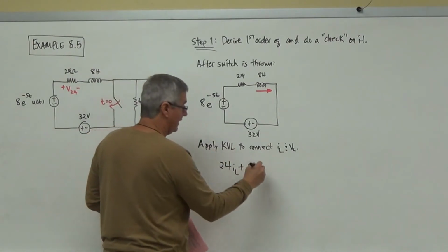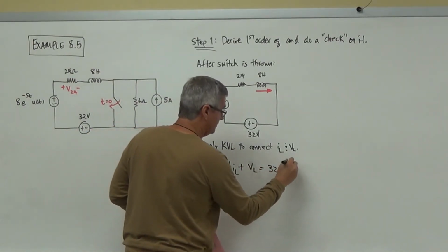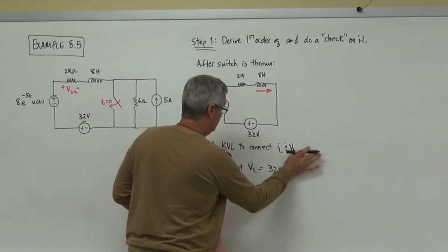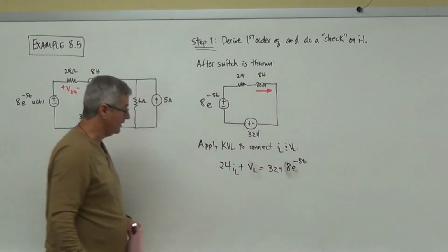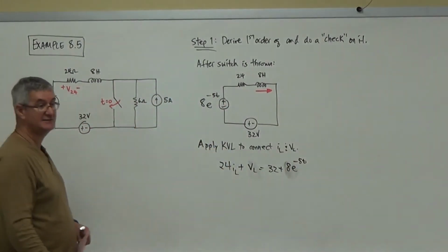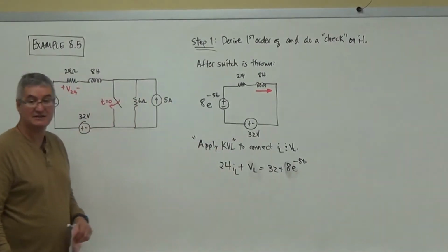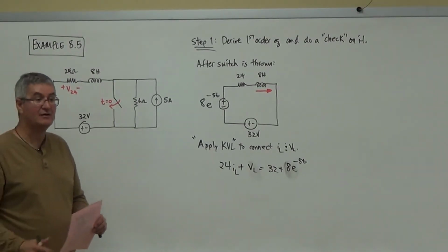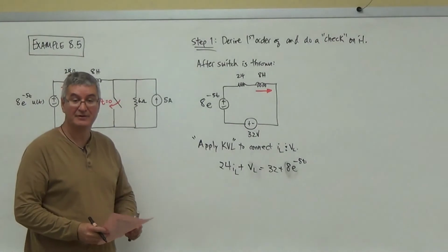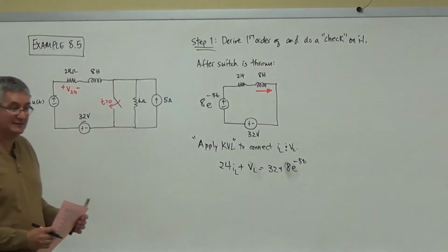And then I'm going to combine sources so that this reads 8 e to the minus 5t. Now note, like I said, if you look in physics books, that is actually not a correct way of doing it. But we're among friends, and KVL incorrectly calculates the right equation. Okay.